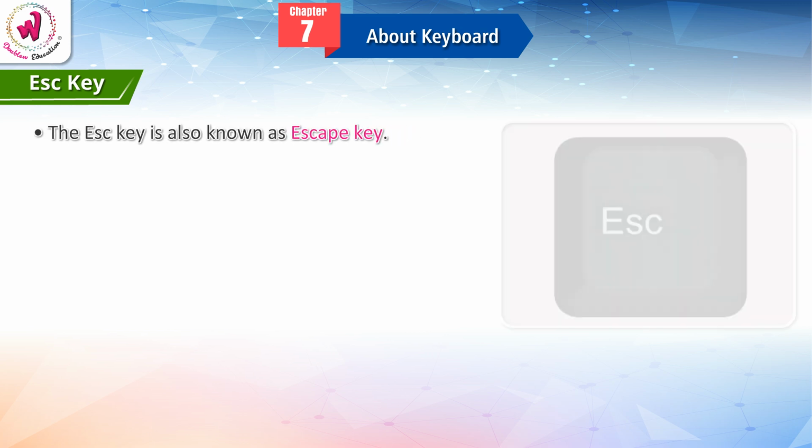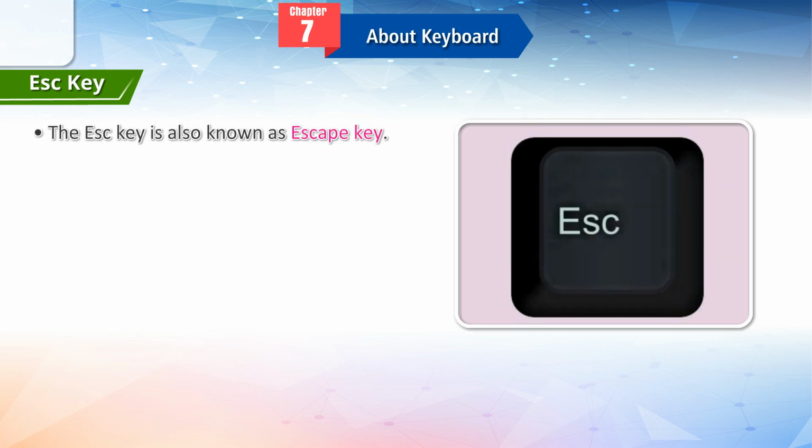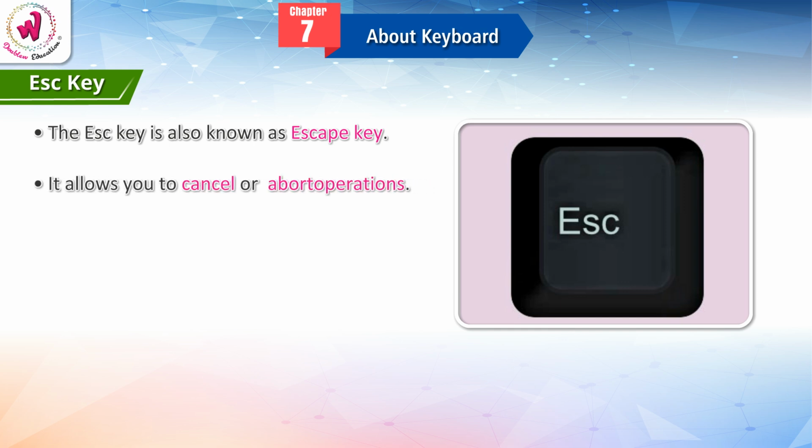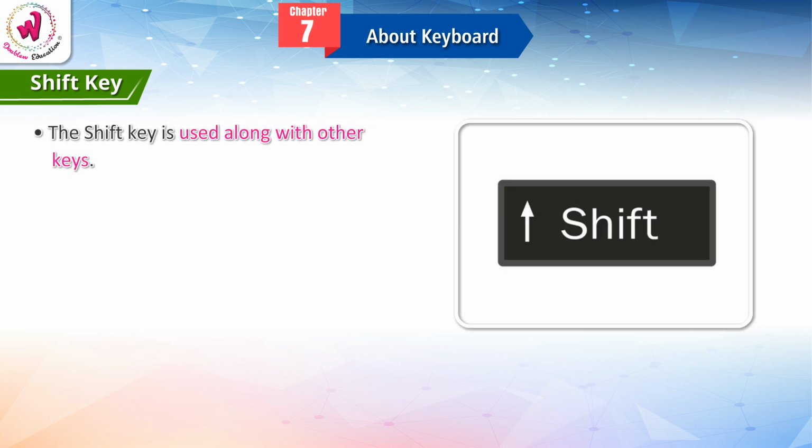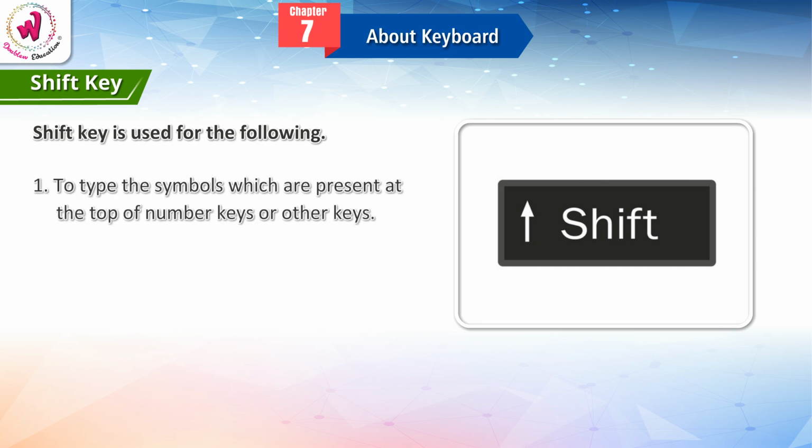Escape key. The ESC key is also known as escape key. It allows you to cancel or abort operations. Shift key. The shift key is used along with other keys. A keyboard usually has 2 shift keys. Shift key is used for the following: 1.